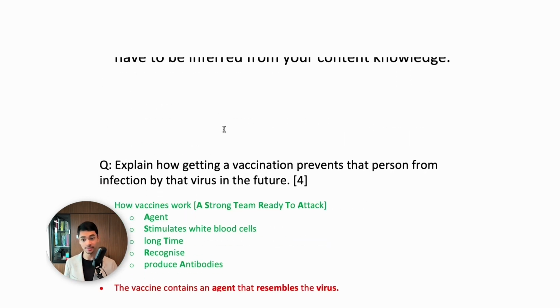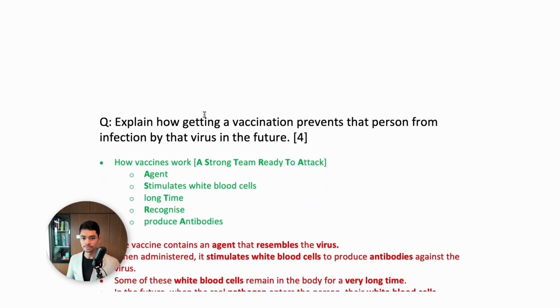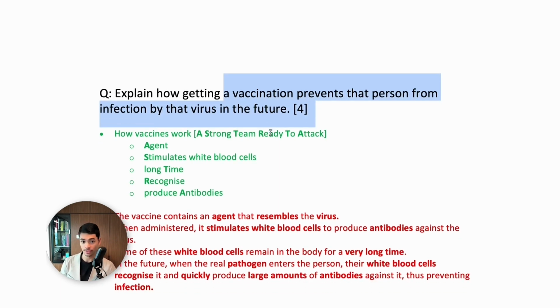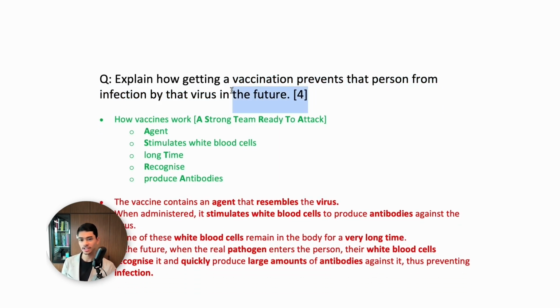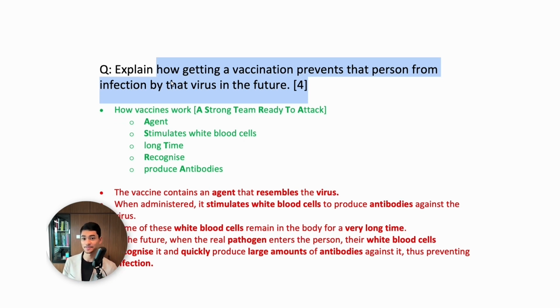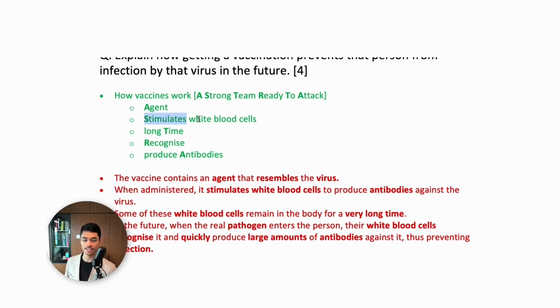So let's look at some examples. Explain how getting vaccination prevents a person from infection by that virus in the future. So this one is a predetermined explanation. You can rehearse this explanation, which is fantastic. Okay, and we have a memory shortcut for that also, which is a strong team ready to attack. So vaccines have an agent that resembles the pathogen. This will stimulate the white blood cells. Okay, then some white blood cells will remain in the body for a long time.